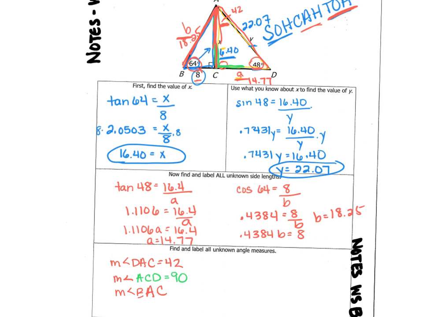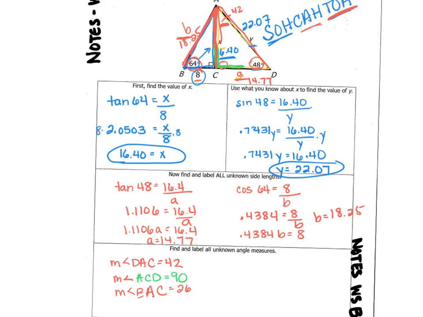Again, that triangle has 180 degrees, so 180 degrees minus the 64 degree angle that I know, minus the 90 degree angle that I know, that measurement is going to be 26 degrees. So that part was pretty easy: just go back and use the idea that we've got right angles and triangles that equal 180 degrees to find those missing angles.